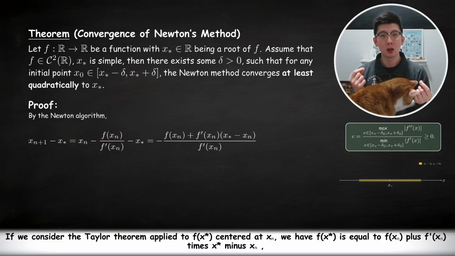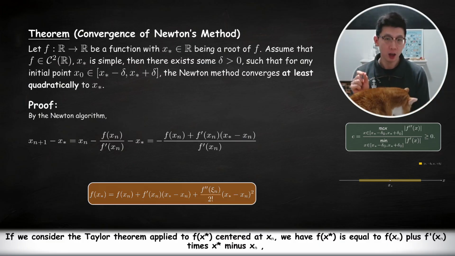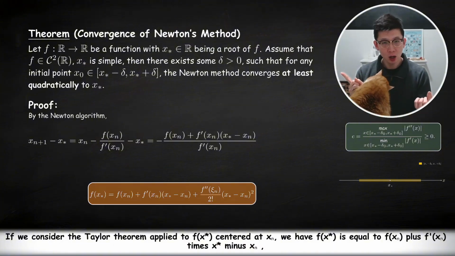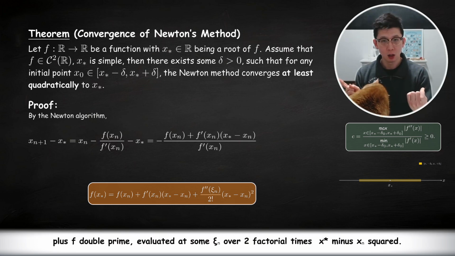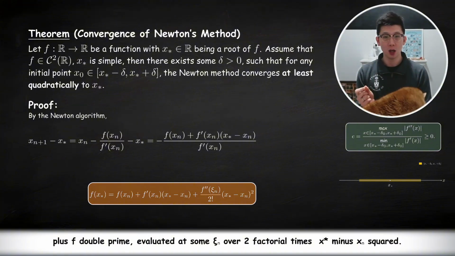If we consider the Taylor theorem applied to f(x star) centered at x_n, we have f(x star) is equal to f(x_n) plus f prime of x_n times x star minus x_n, plus f double prime evaluated at some c_n over 2 factorial times x star minus x_n squared.